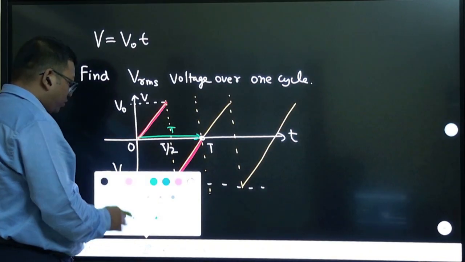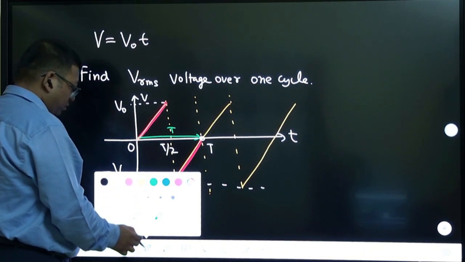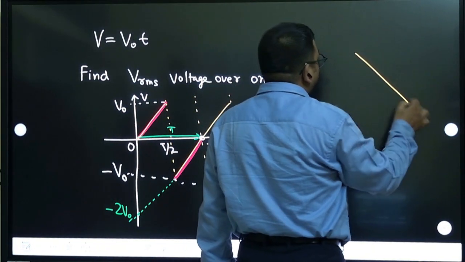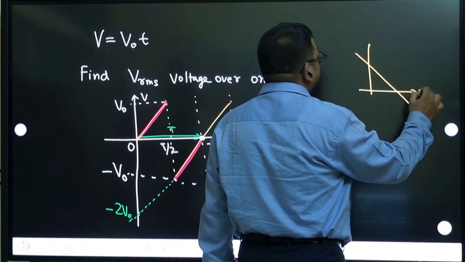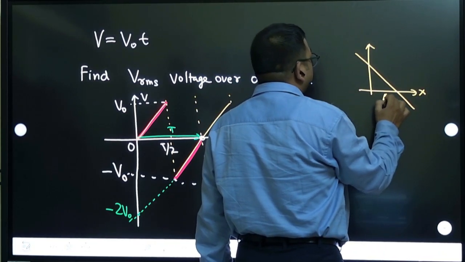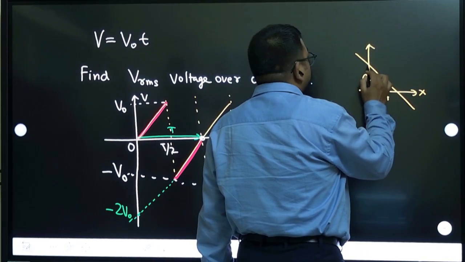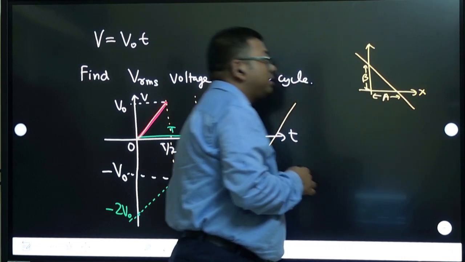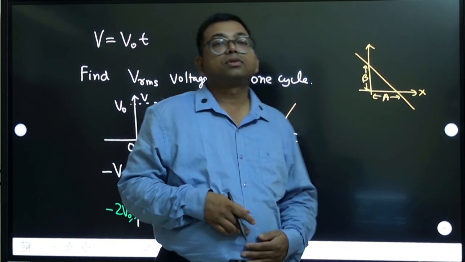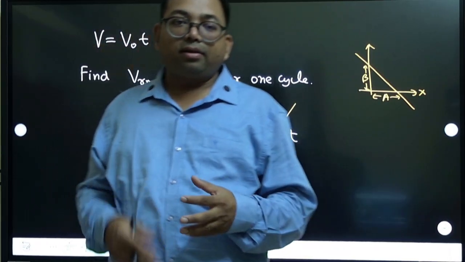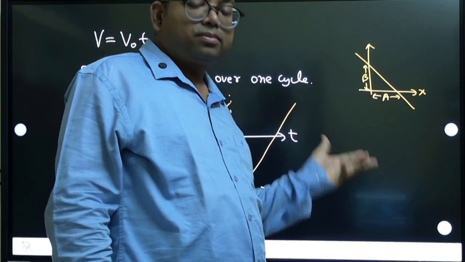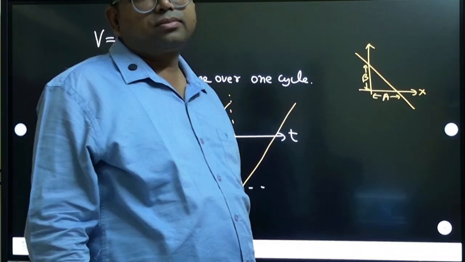So if I want to write the equation of this line, suppose a line makes intercepts with the axes, A is the x-intercept and B is the y-intercept. What is the equation of this line? Do you know the equation of a line which makes x-intercept A and y-intercept B? Can you tell me?